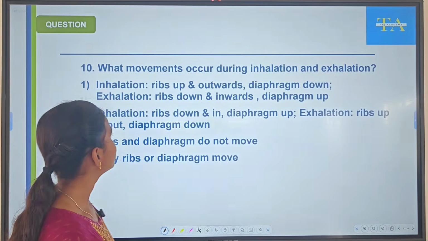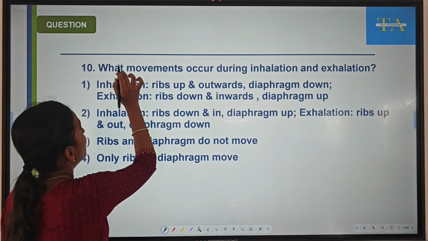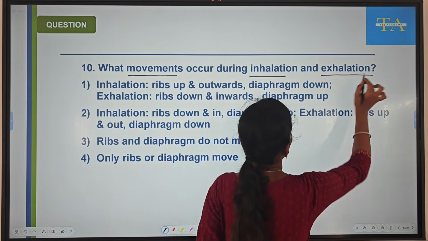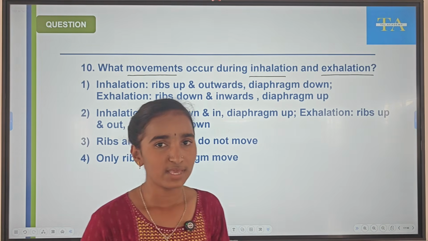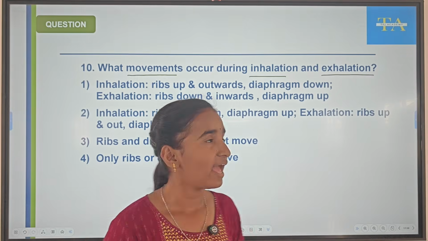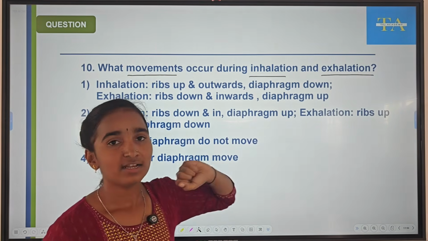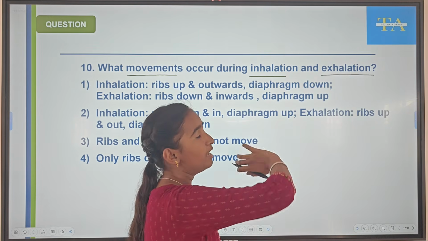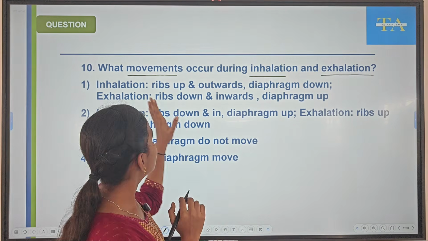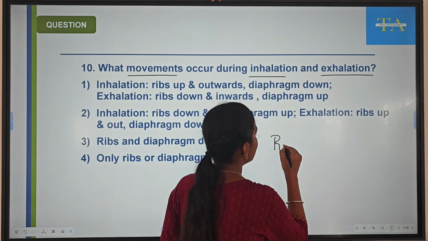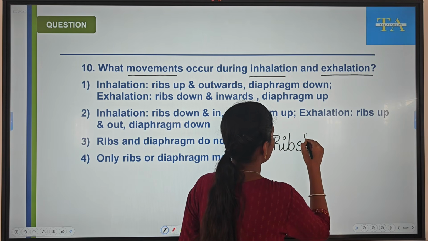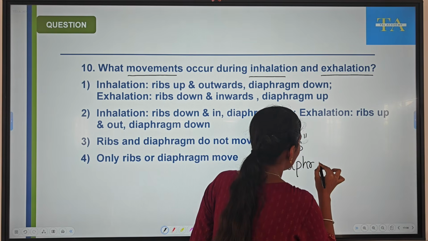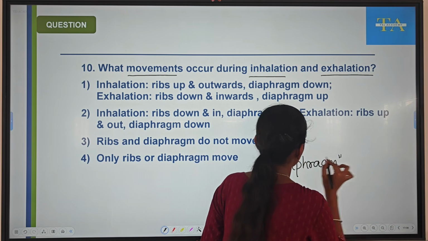Next question. What movements occur during inhalation and exhalation? This question is based on the mechanism of breathing. They are asking what movements occur during inhalation and exhalation. You have to remember, when we breathe, mainly the organs called ribs and diaphragm move.